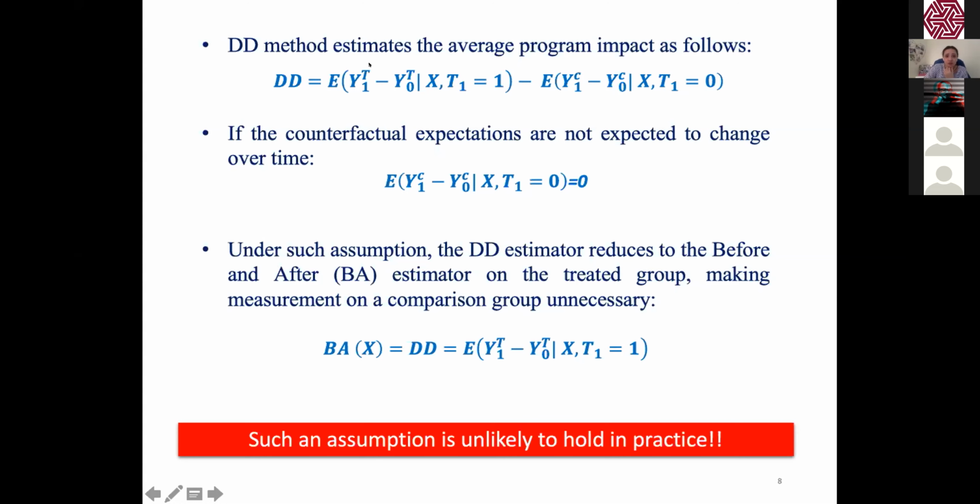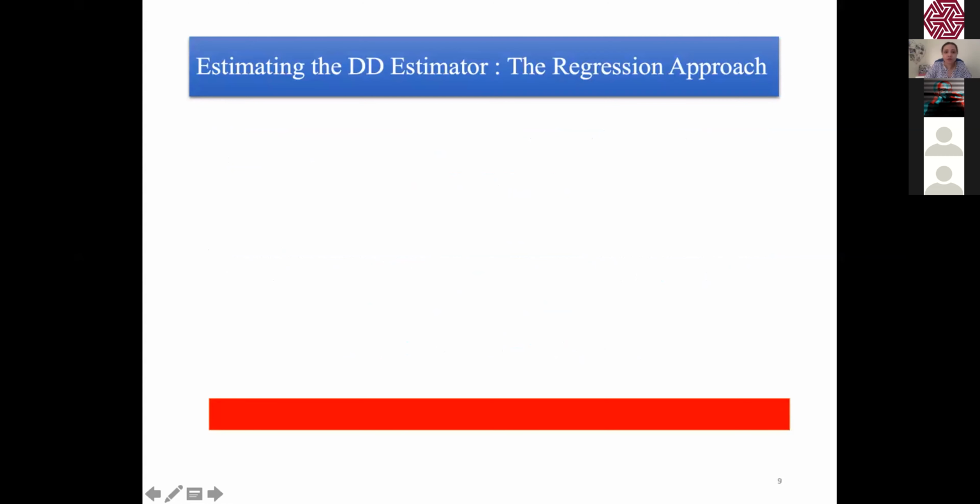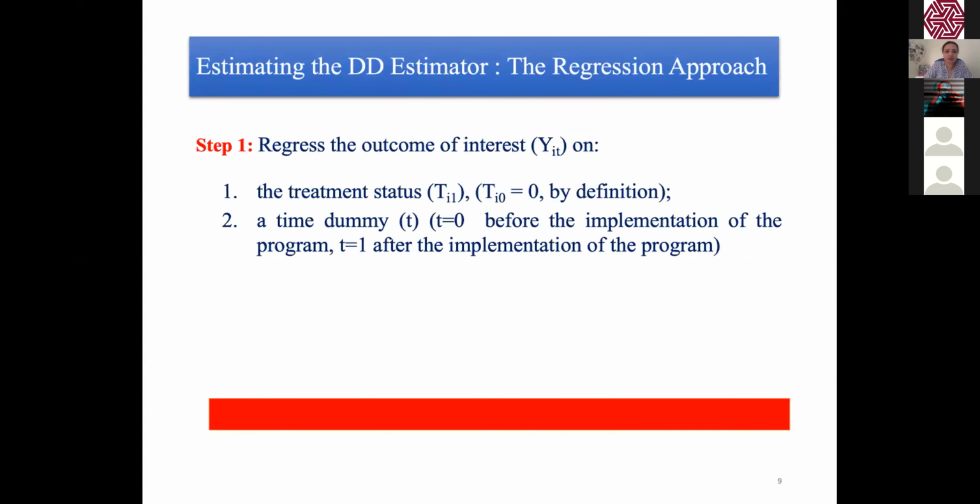Yeah, so as I told you, this is unlikely to hold in practice, okay? So for the DD estimator, the regression, these are the steps. We regress the outcome of interest, our Y_it, which in our example is consumption of fruits and vegetables, on 3 variables.